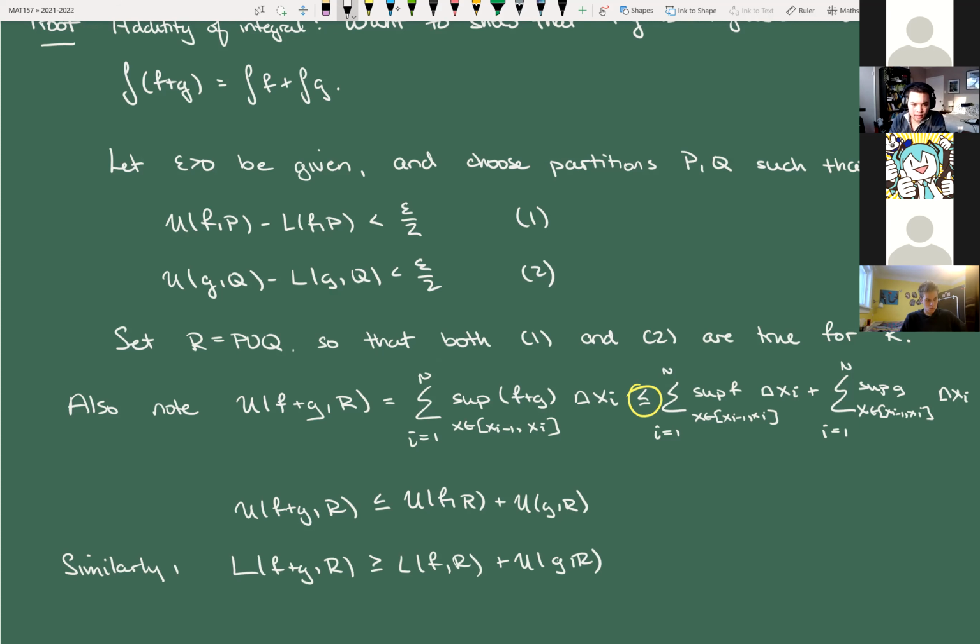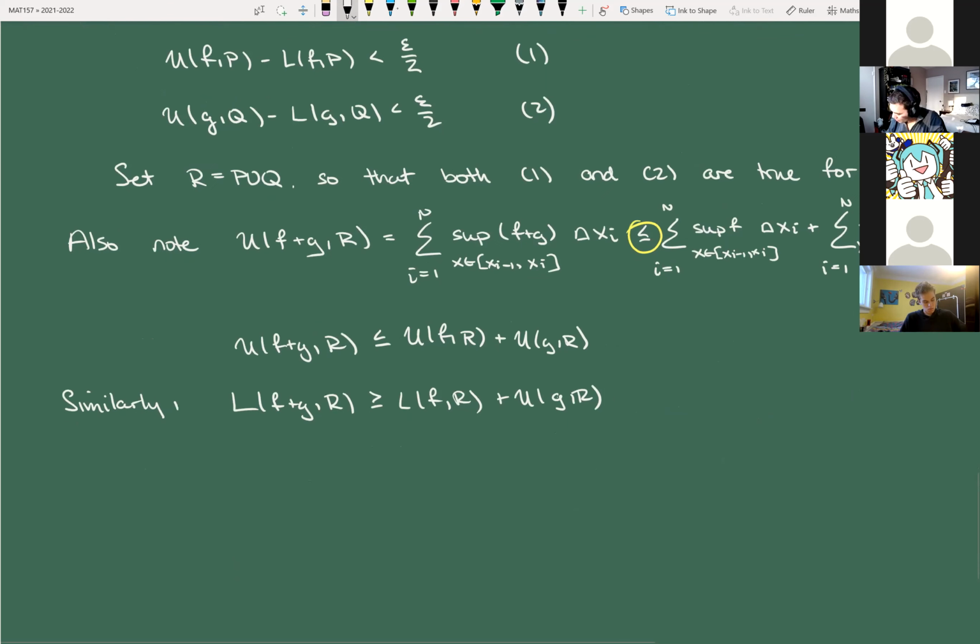We got lucky in the way that these inequalities go, because what am I trying to do? I'm trying to show that this thing is less than epsilon. But again, my signs worked out really, really well here.